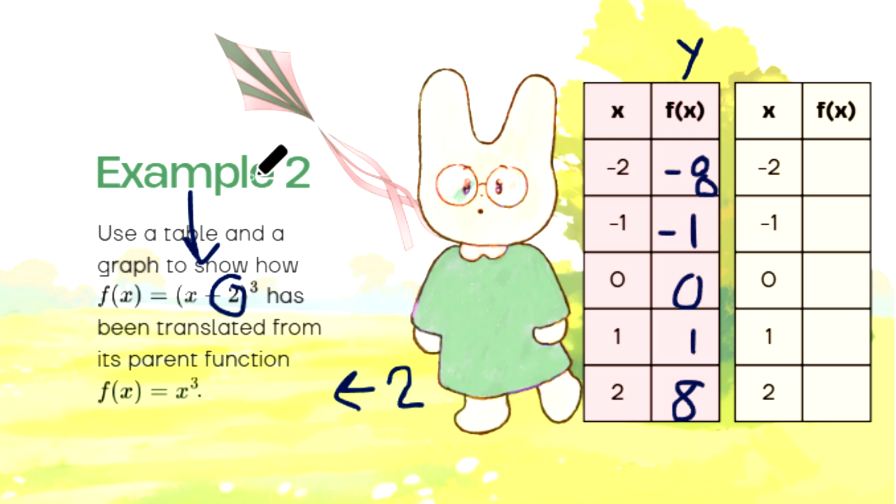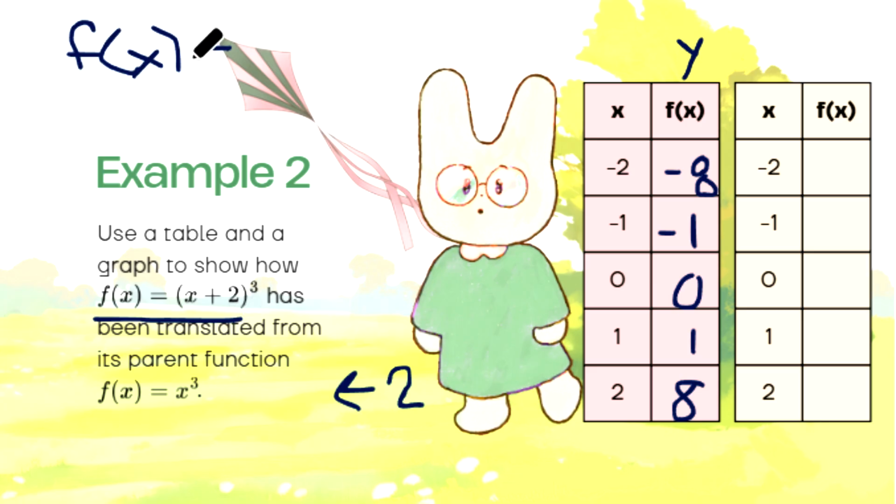Okay, I think I figured out how to do this. We're going to see if I'm smart enough to do this. So I need to erase my little marks here so that I can see what I'm doing. So we have our x value and we're trying to solve for f of x of this formula, okay? So we have f of x is equal to, we have our first x, which is -2, plus 2, all of that cubed.